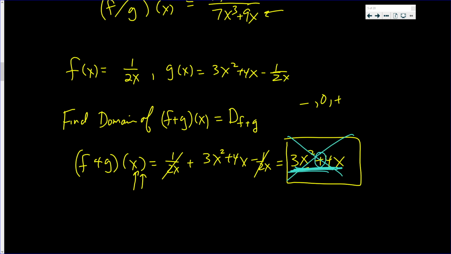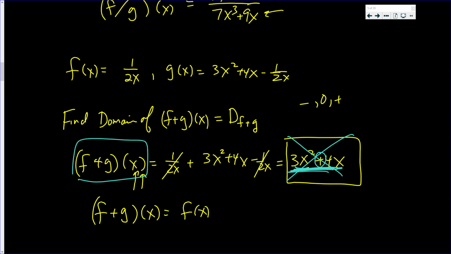Don't look to find the domain. Don't look at what you get after you simplify this. Do not look at the end. By definition, f plus g of x is f of x plus g of x.